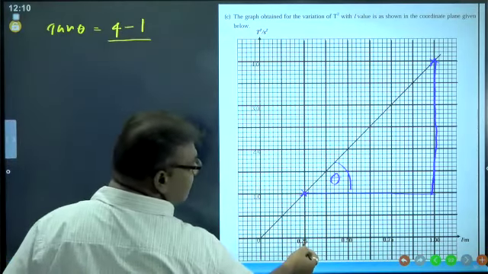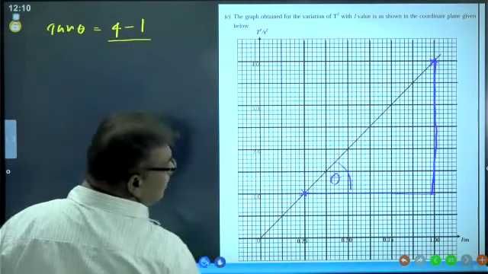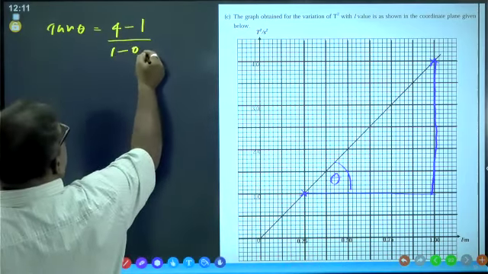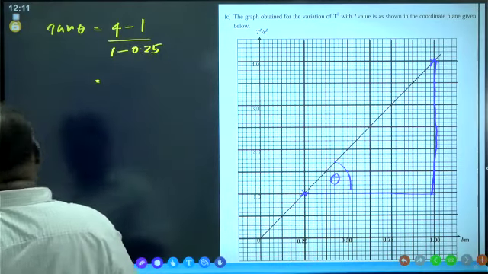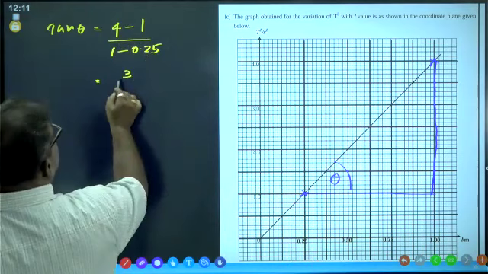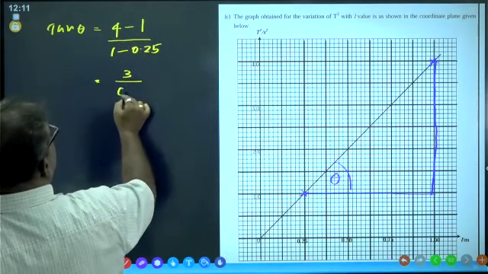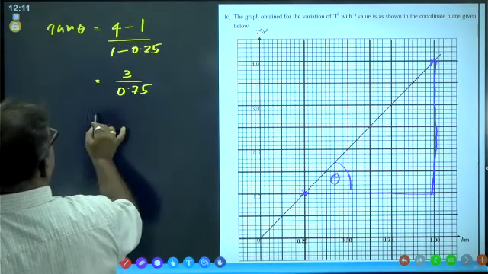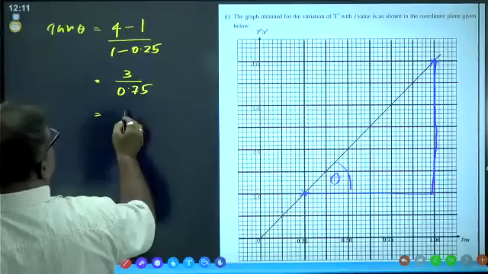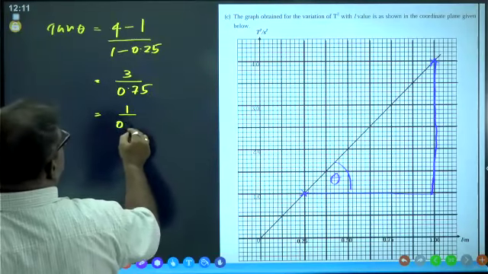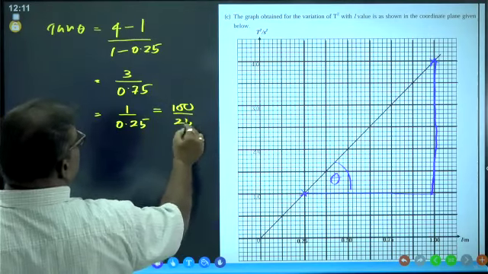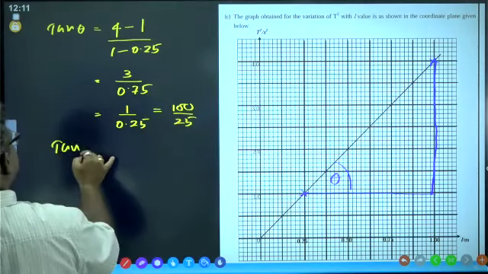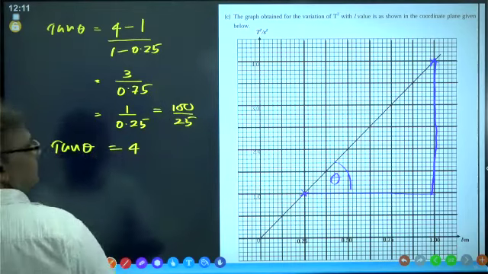Here 0.25 meters and 1 meter, so 1 minus 0.25 meters. Standard SI values are mentioned. 3 divided by 0.75, which comes to 100 over 25. Tan theta becomes 4.